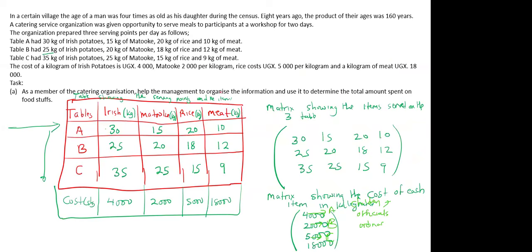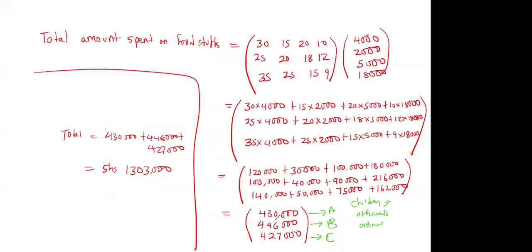So here in your conclusion, you will say that the total amount of money spent by the organization per day is how many? I think it is 1 million, not 13 million, in fact. It is 1,303,000. So you conclude like that.